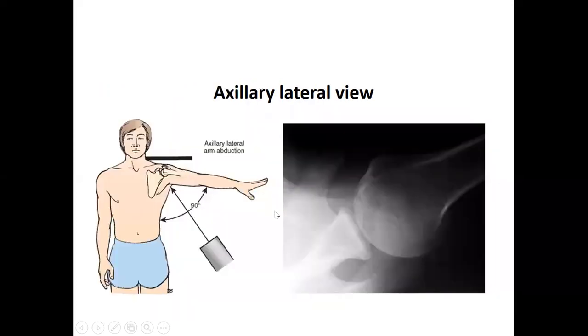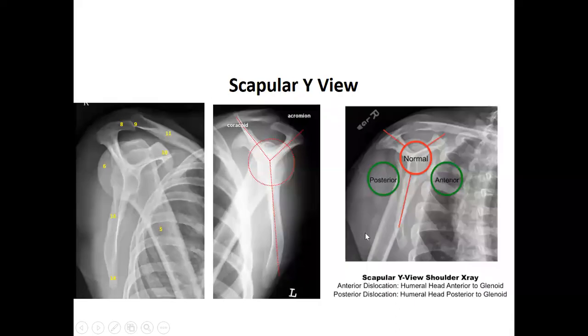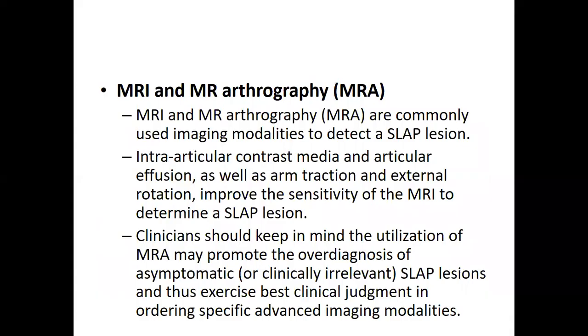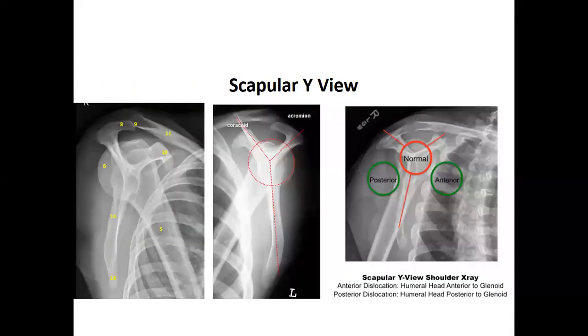This is the axillary lateral view, and this will be the result of the radiograph. This is the head of the humerus. This is the glenoid fossa. This is the scapular Y view, and normally this is the Y shape, scapular Y, lateral Y shape.